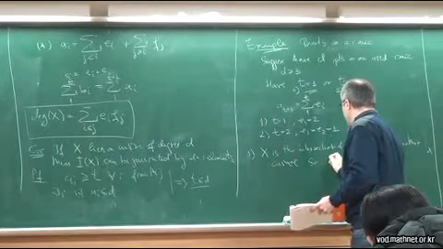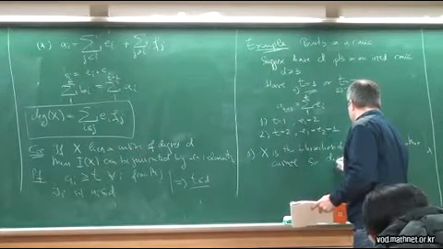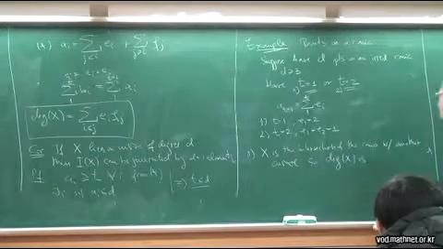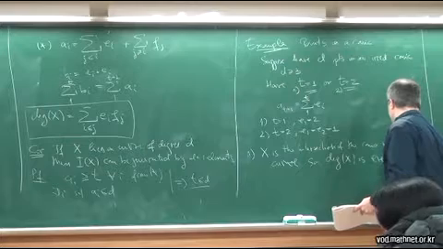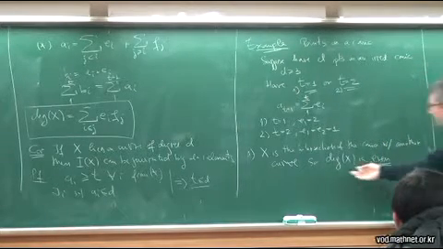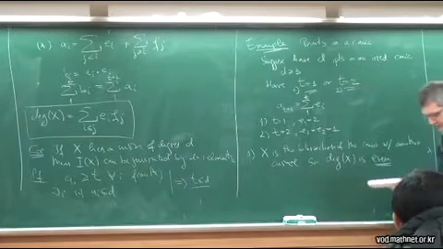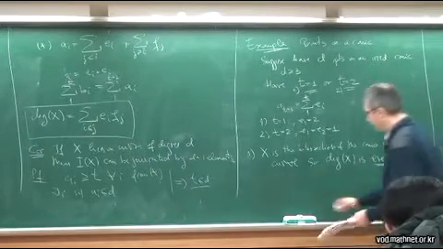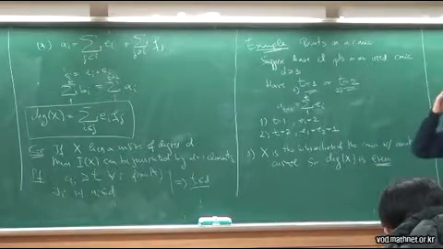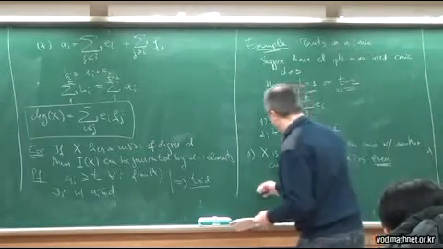So the degree of X is even. It's twice the degree of the other curve. And the minimal resolution is like in the first case we have seen last week.